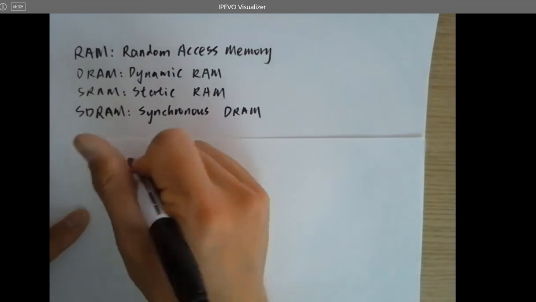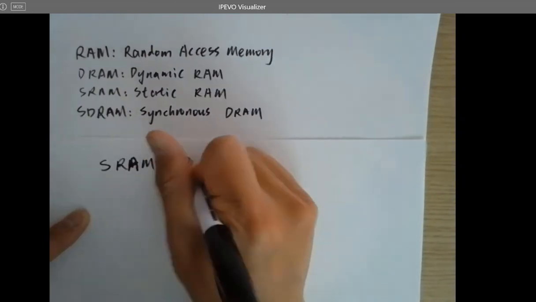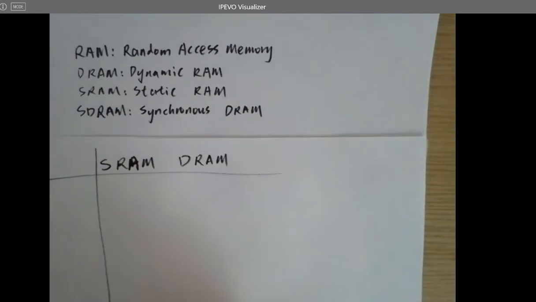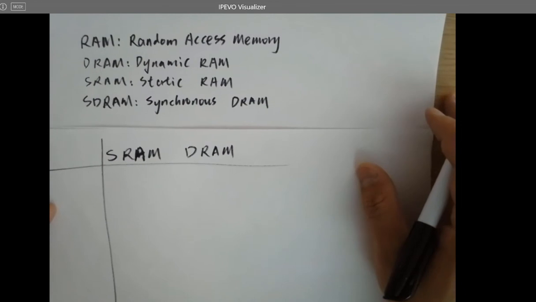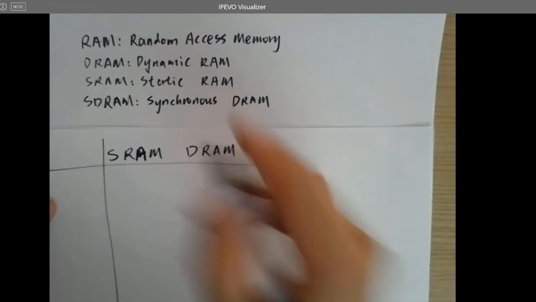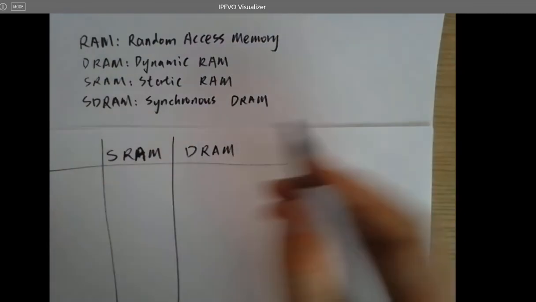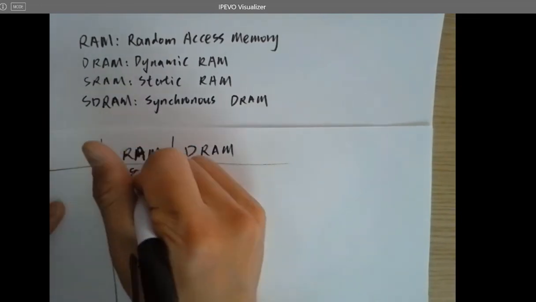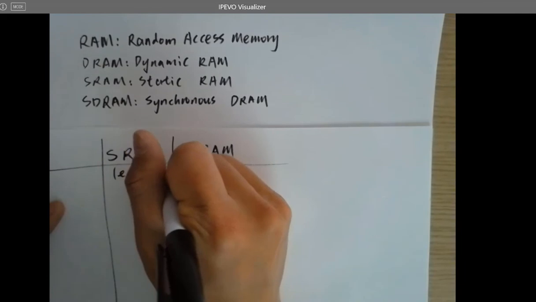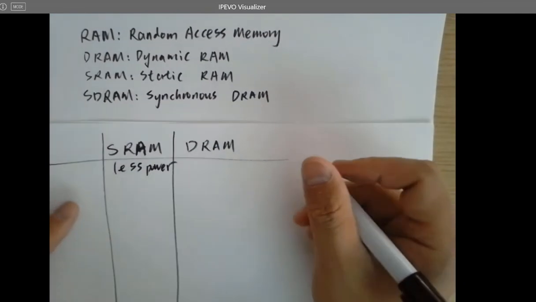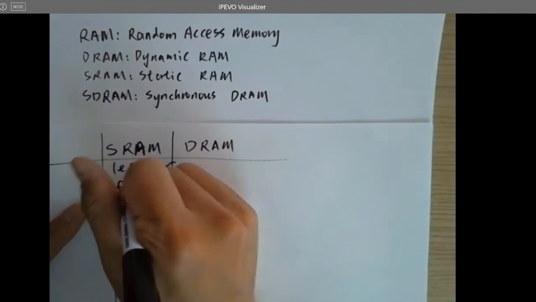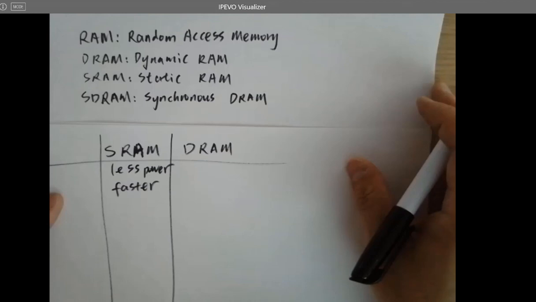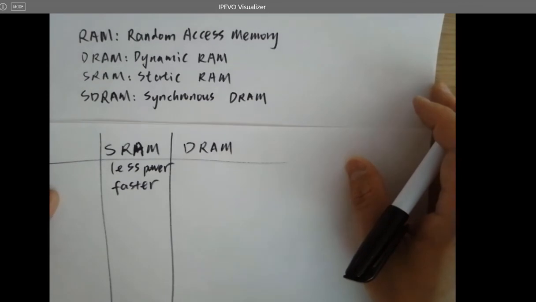They are used for different purposes. SRAM has less power compared to DRAM, and SRAM is faster. So it's used for the cache memory in the CPU.